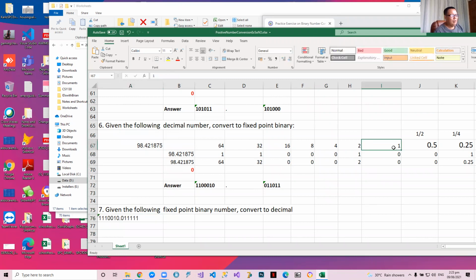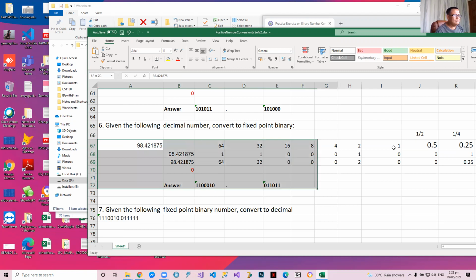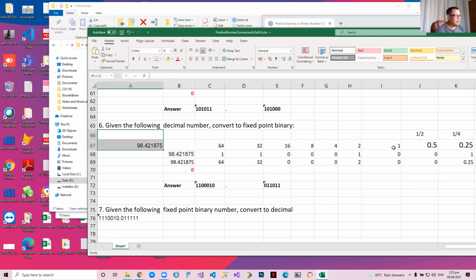How many do we have? 1, 2, 3, 4, 5, 6, 7. So we need a bigger table. We can copy this, no? Do you follow? Actually, we can copy this, no? There's no problem. Let's just copy this.